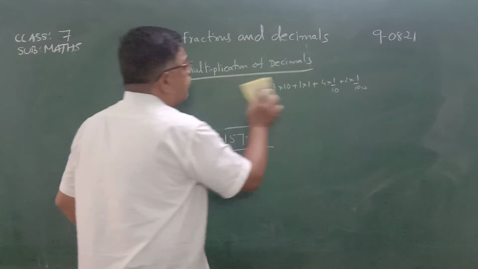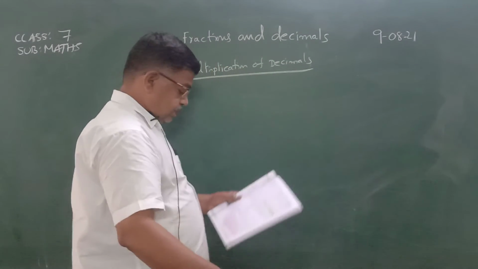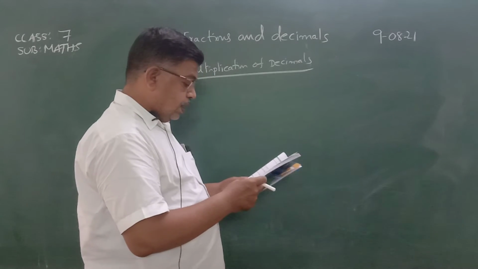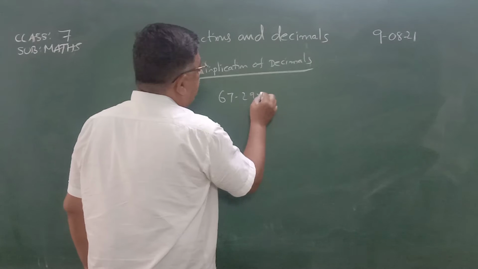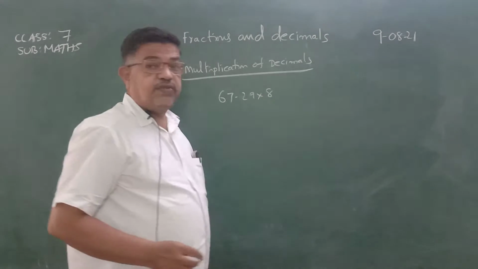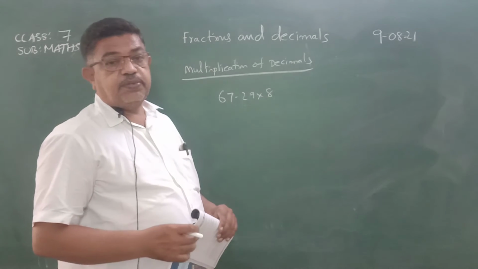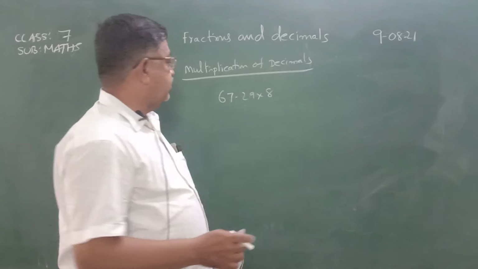Next we do another problem. 67.29 multiply with 8. Suppose this is given. We are multiplying a decimal number by a whole number 8.